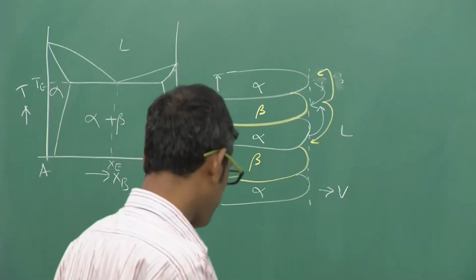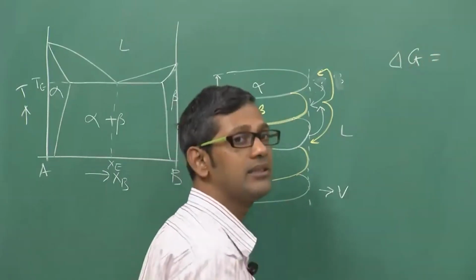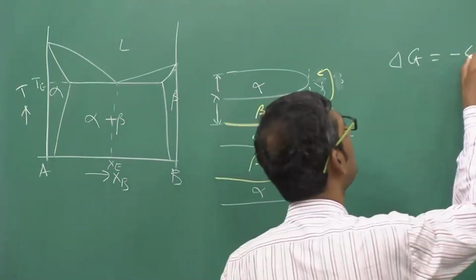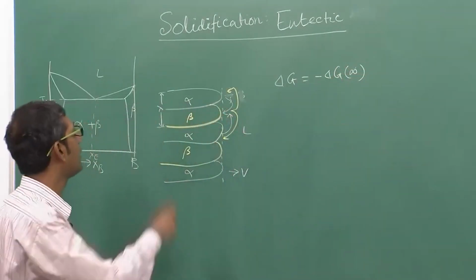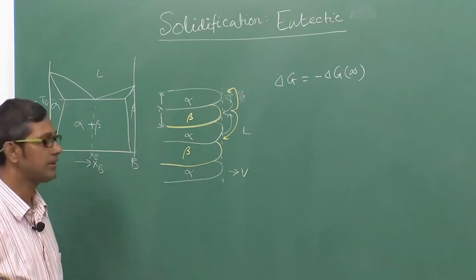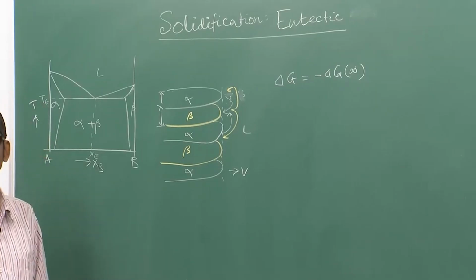Now as you know, the free energy difference, which is the energy available to the system for its growth, has two parts. One, the free energy corresponding to lambda equal to infinity. That is, when you have a very large lambda, the interfacial energy between alpha and beta is almost 0.